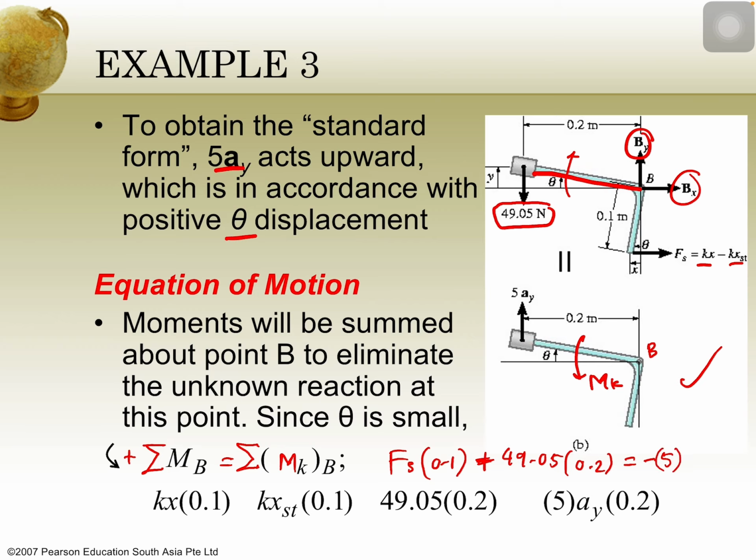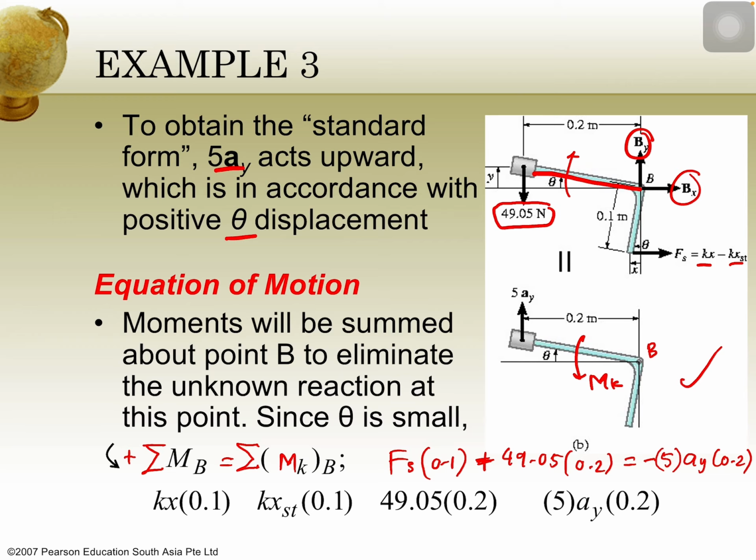-5 AY times 0.2. Why negative? Because we have considered that anti-clockwise is equal to positive.